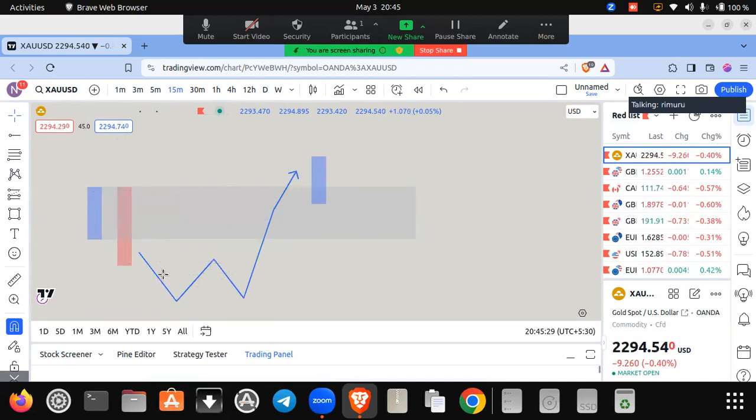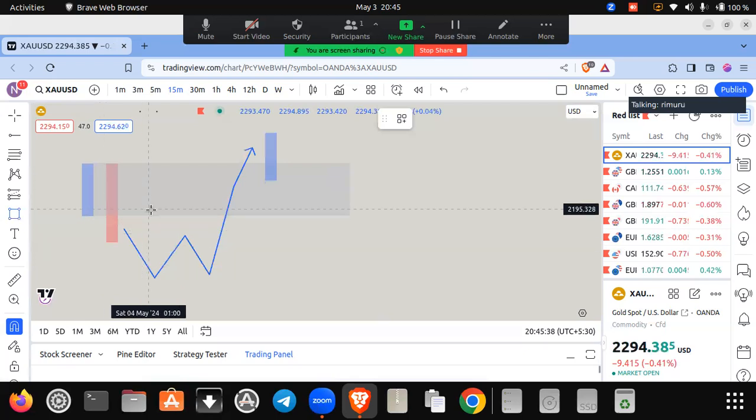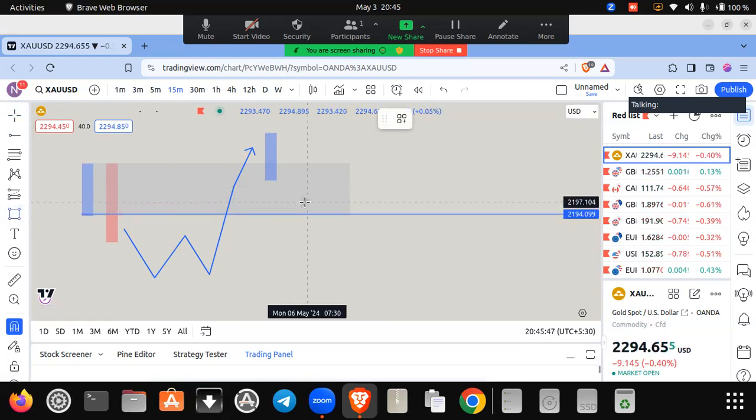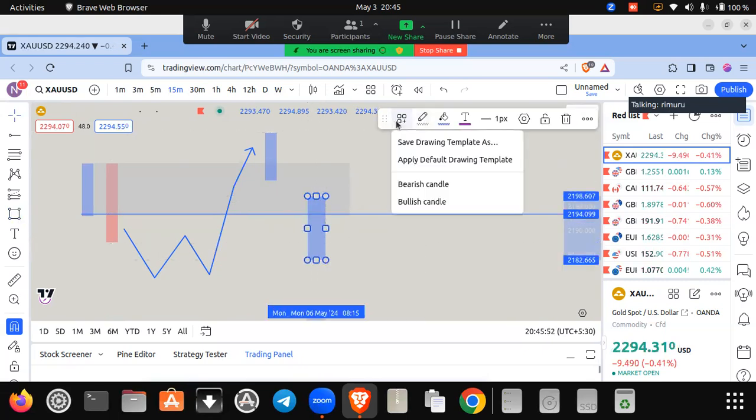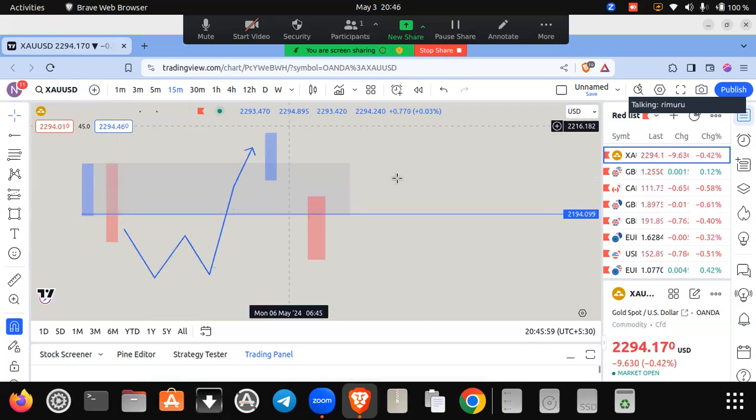We know that this zone will be used for buy, but what we need is a hidden engulfing sell. So just like before, if a bearish candle closes below this point, now as you can see, a red candle closed below this zone. Now it has become a hidden engulfing sell.